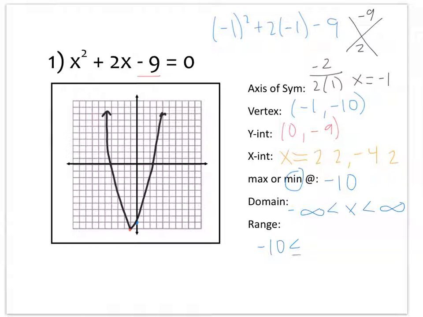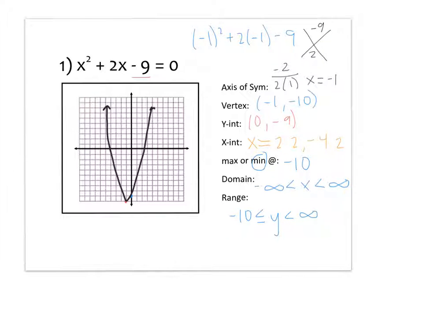So -10 is less than or equal to y, which is less than +infinity. So to recap, we found the x-intercepts, or solutions, to this quadratic function, and we didn't have integral answers. They were decimal answers, but we were able to find those by finding the axis of symmetry, vertex, y-intercept, plotting those important pieces, and then estimating our solutions to the nearest tenth.